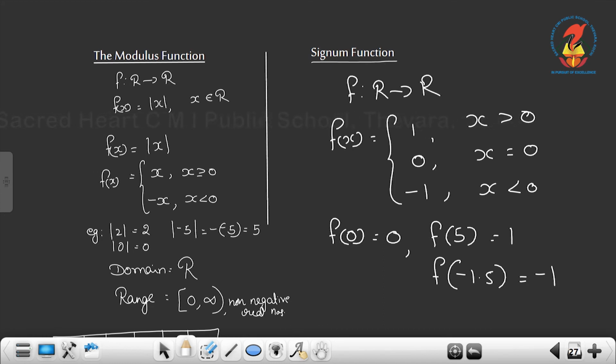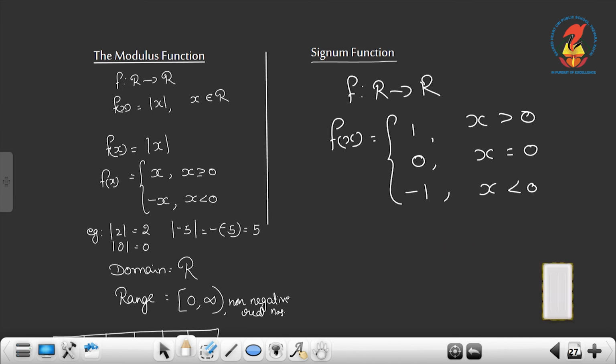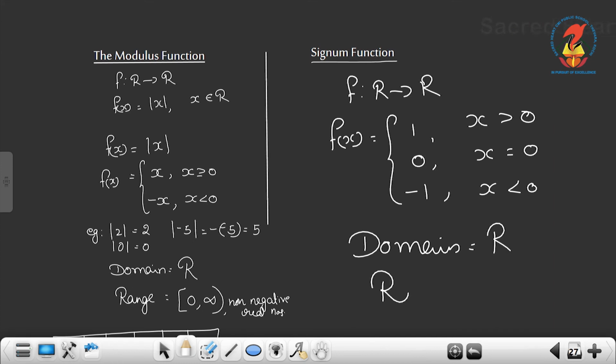So the answer is only 0, 1 and minus 1, only 3 numbers. That is, the range is minus 1, 0, 1. But for the domain you can give any number, positive number, 0, negative number. So the domain of the function is R and the range is equal to minus 1, 0, 1.